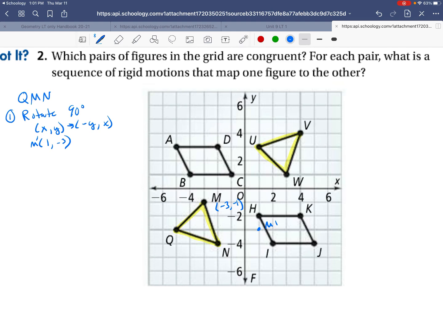And then N, which is located at -2, -4, becomes N prime, which is 4, -2. And then Q, which is -5, -3, becomes Q prime of 3, -5.